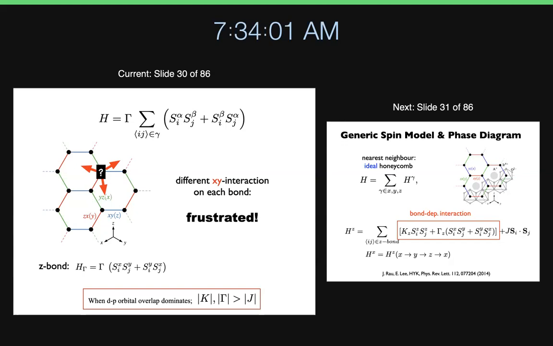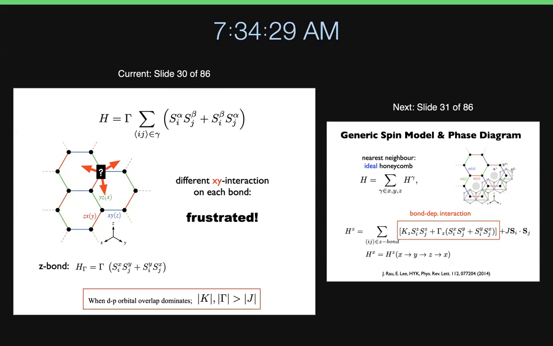We'll come back tomorrow again, but this gamma interaction, if you look at it, is bond dependent. So on the Z bond, where the Kitaev interaction is an Ising interaction taking SZ and SZ, the gamma interaction will take XY, YX. And if I do C3, on the X bond, the Kitaev interaction takes SX, SX, and the gamma interaction will take YZ and ZY.